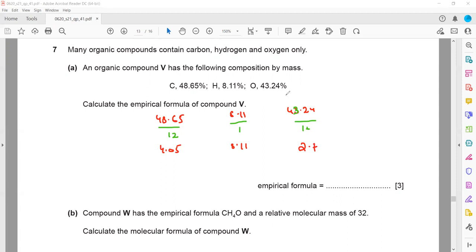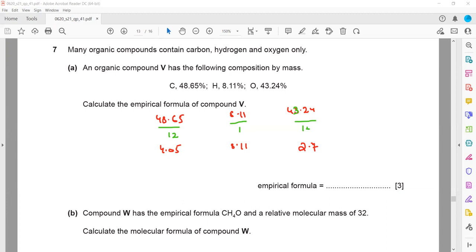2.7. The second step is to divide by the smallest value. Which one is the smallest value? 2.7, among the values 4.05, 8.11, and 2.70.